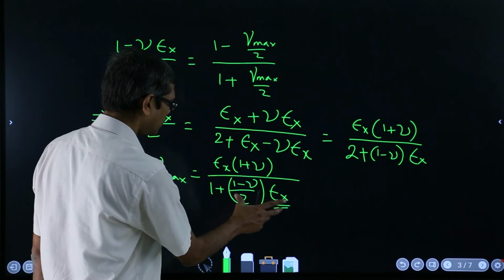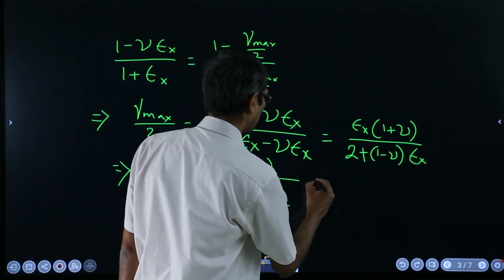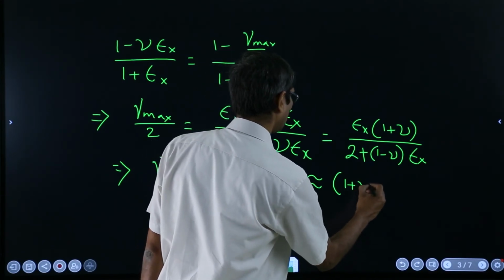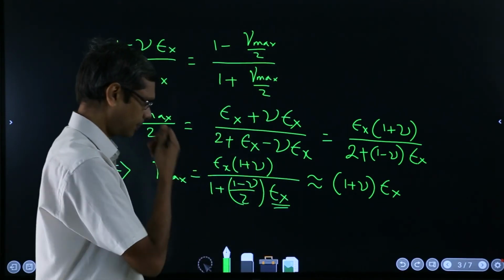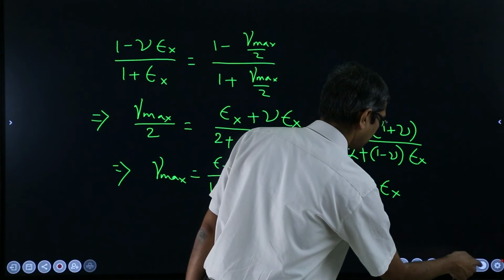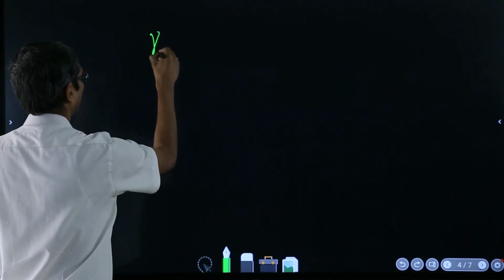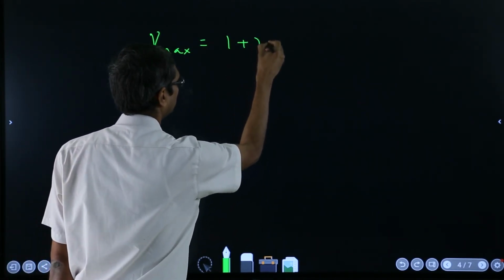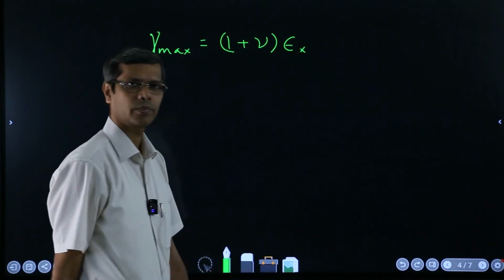So what we can do is neglect this term as compared to this. So in approximation we can simply say that it's 1 plus nu times epsilon x. Okay, so gamma max we got like this. So we will say gamma max is equal to nothing but (1 plus nu) times epsilon x, right?